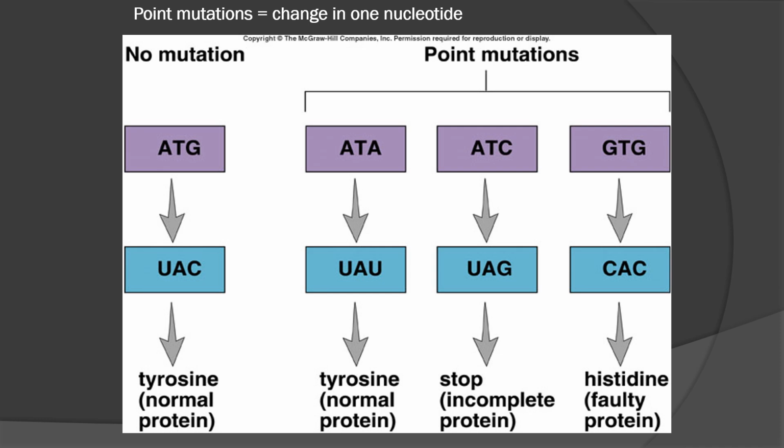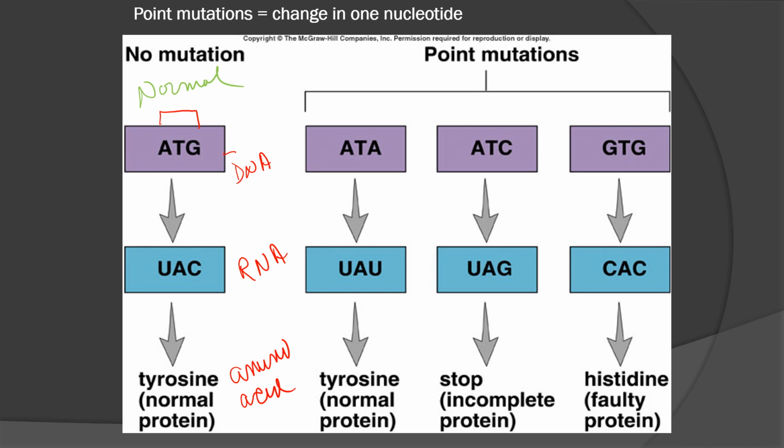So in this slide, this one is considered the normal. So this would be the normal gene. This is DNA, RNA, and then the amino acid. In the normal gene that has not mutated, one of the codons should be ATG.